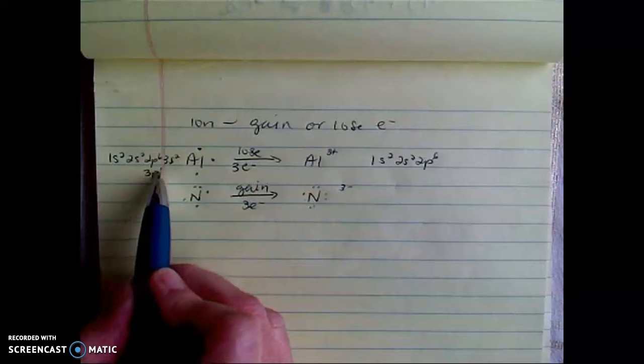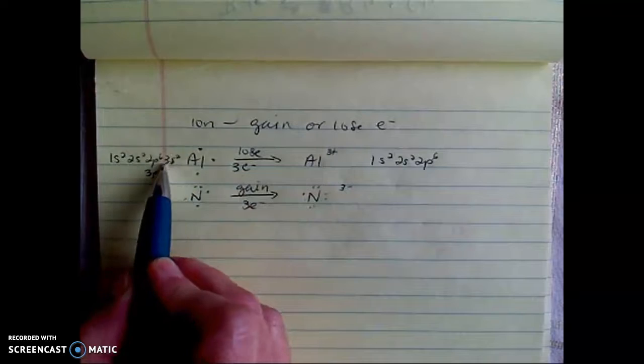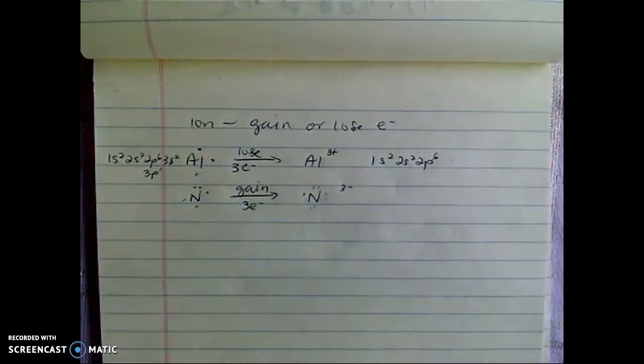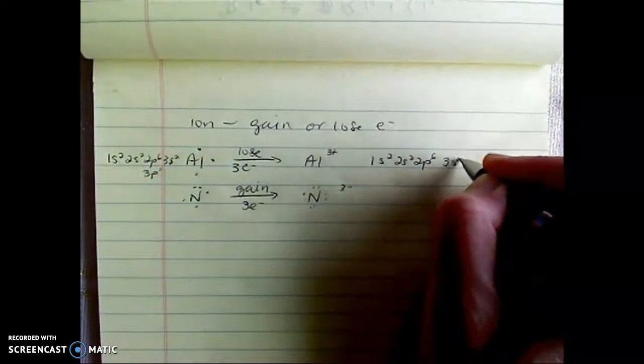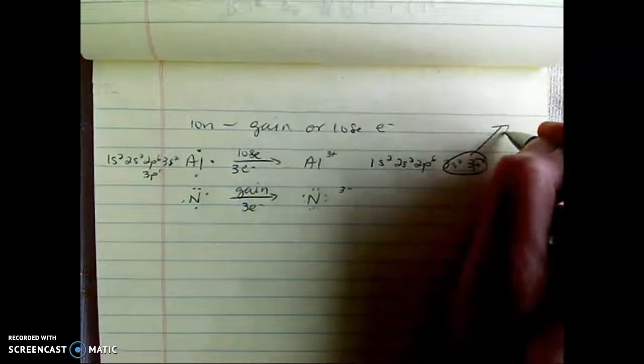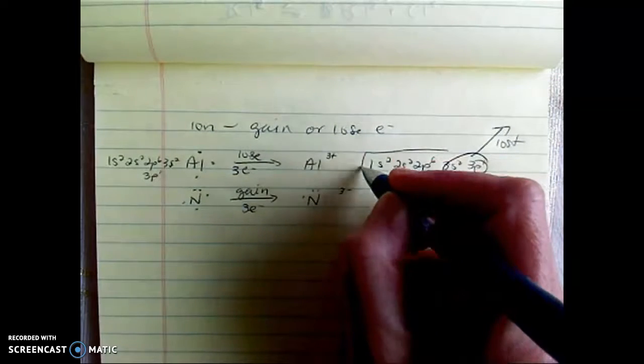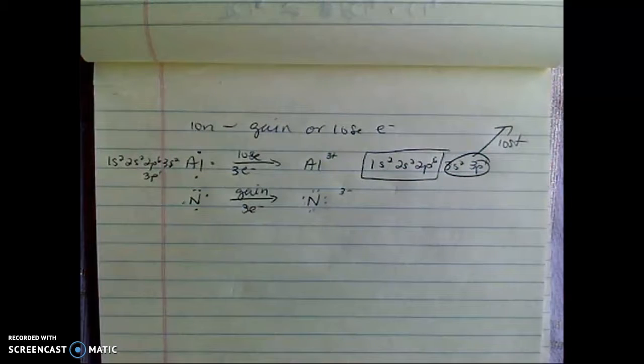So that means p1 will be gone. That's 1 electron. Now I need 2 more. There's 2 in the 3s. Those will be gone. So this is your electron configuration. Once again, the 3s2, 3p1, these were the ones that were lost. So this is the answer for the electron configuration.